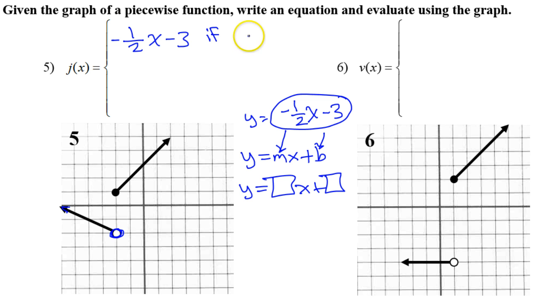I'm going to write a domain restriction. Notice how this is an x value of negative 2, because it's here to the left. At the x-axis, this is the point negative 2. So my domain restriction is going to involve the number negative 2. Is it going to be less than negative 2 or greater than negative 2?